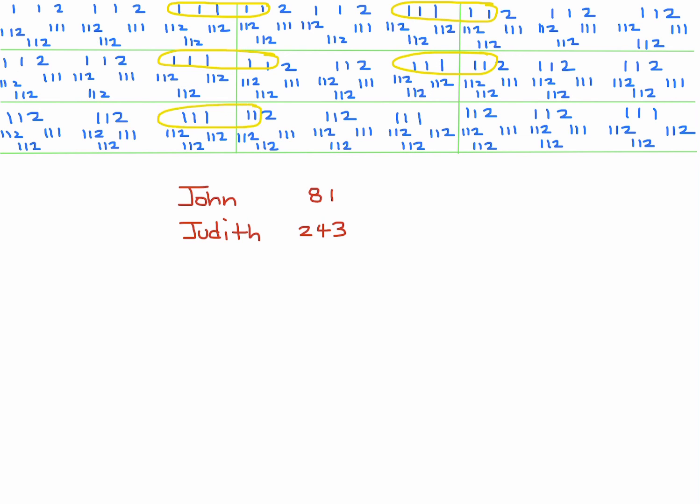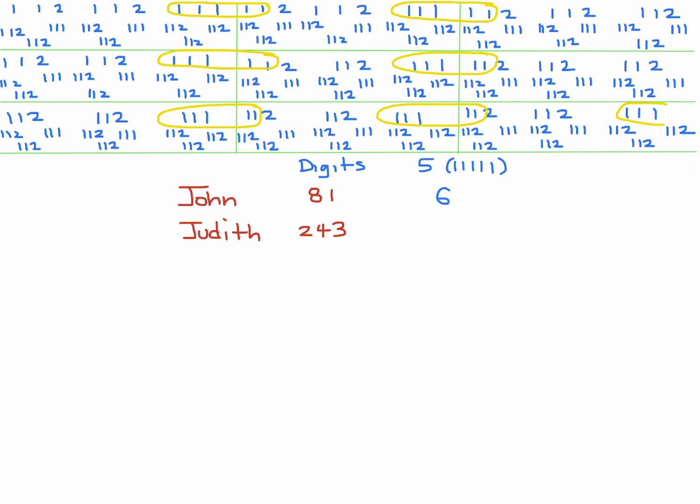Any more? 5 here. 6. And it looks like it's the start of another one, but we only have 6 full ones. It doesn't give me too much help, but it gives me an idea. That means when I've written 81 digits for John, I get 6 times where you have 5 ones.